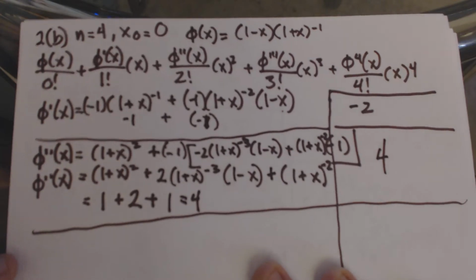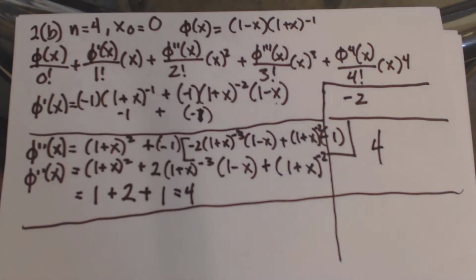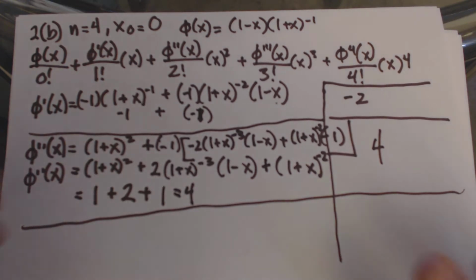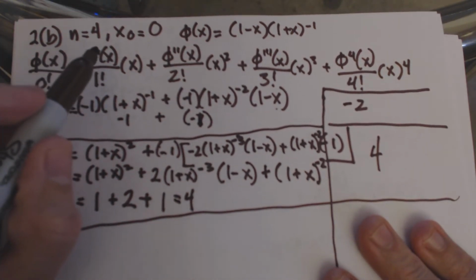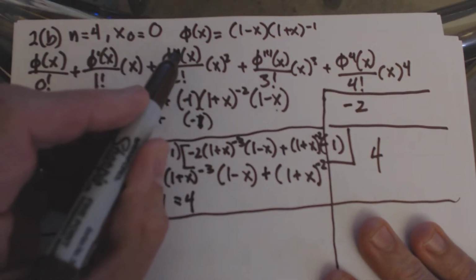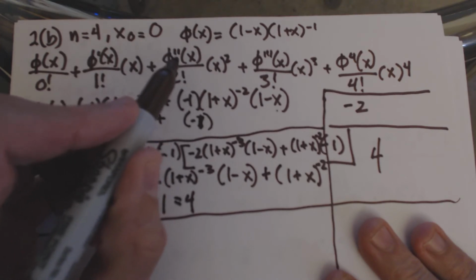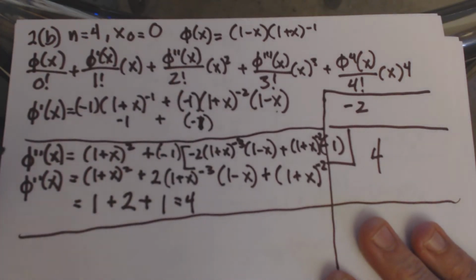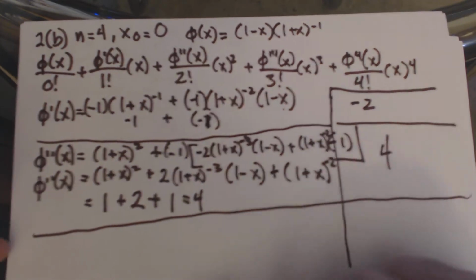So then we're going to have 4 for the second derivative evaluated at 0. So that's going to be this, the second derivative, so this term here. Alright, let's take the third derivative.